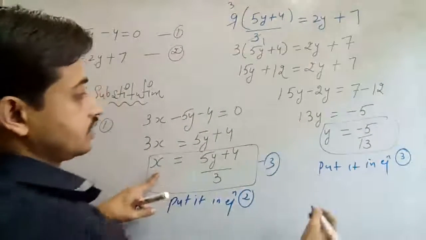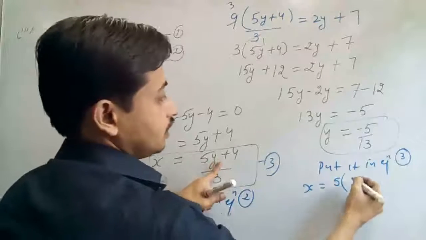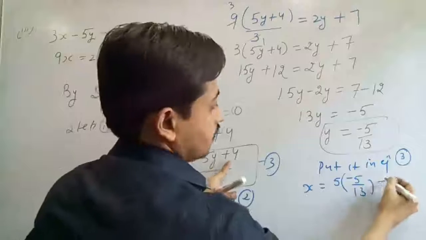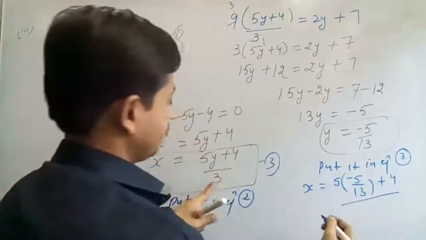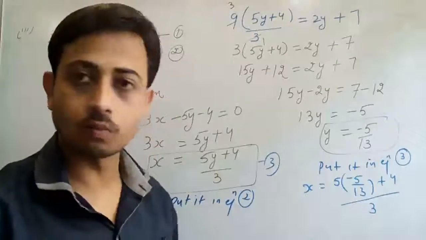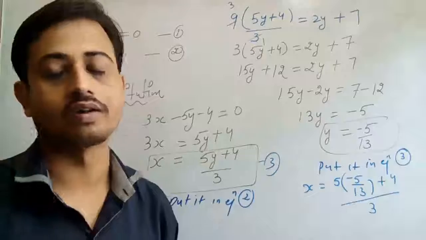Equation third is what? This is x is equal to 5 into y. Now the value of y is minus 5 by 13, plus 4, divided by 3. We have to solve this. So please make a note first, then I will solve here.